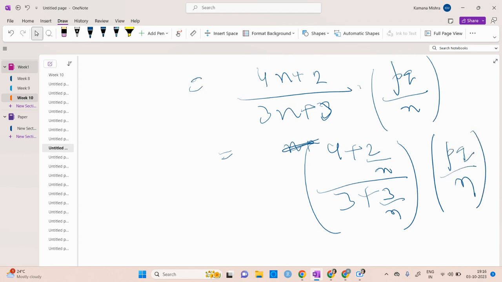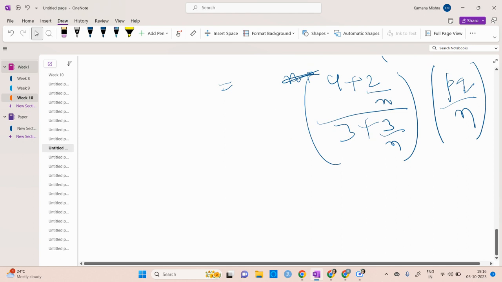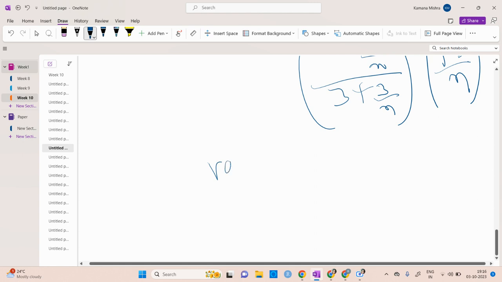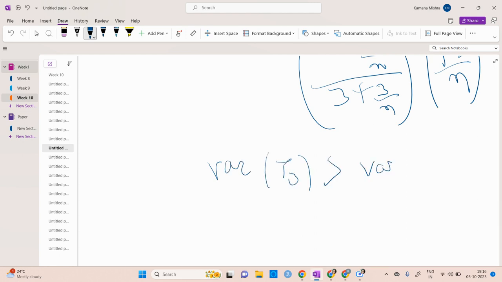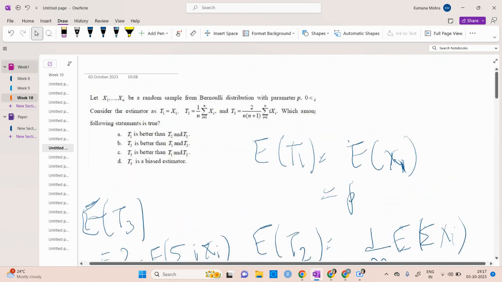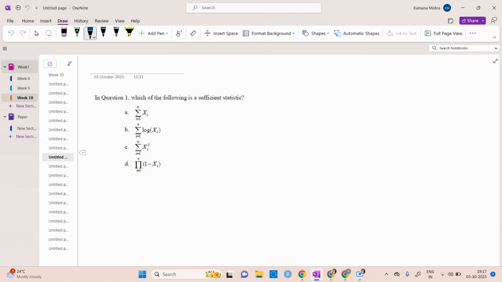From here you can see as n tends to infinity, it will be 4 upon 3 times the variance of T2. So 4 upon 3 is greater than 1, right? So variance of T3 is greater than variance of T2. So T2 is the best one. From here we can say T2 is better than T1 and T3.